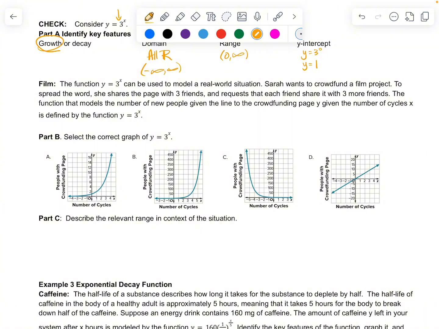The function that models the number of new people linked to the crowdfunding page y given the number of cycles x is defined by y equals 3 to the x. So on this, well, we just found my y-intercept is 1. Well, it's not going to help us. Well, it's not going to be this. We know that for sure. Okay.